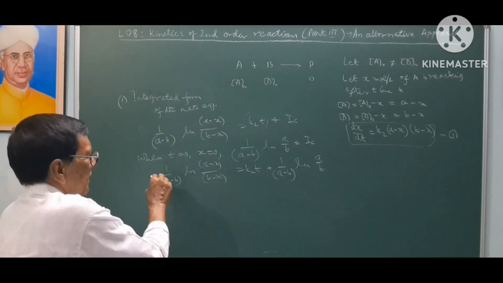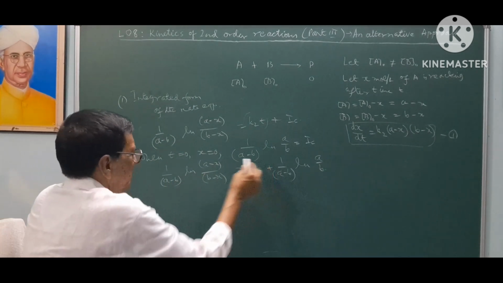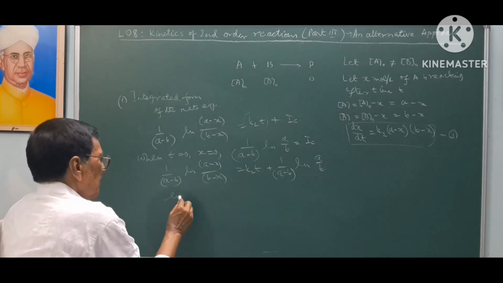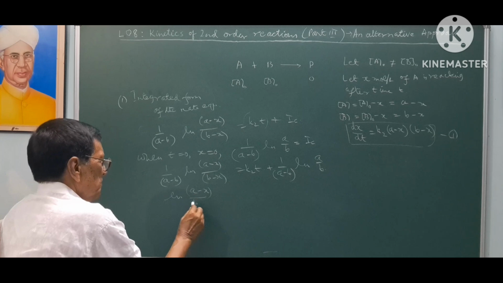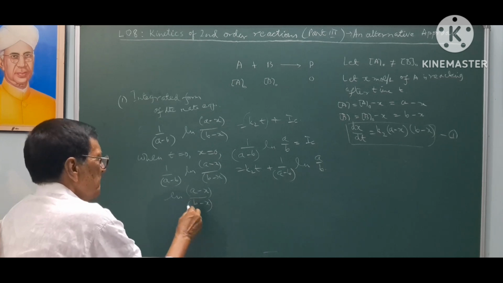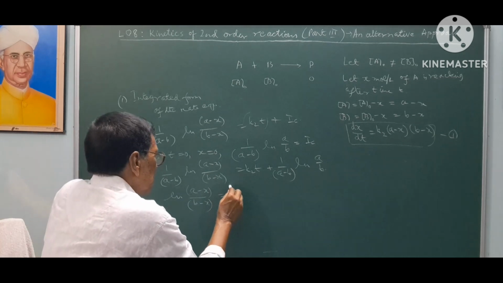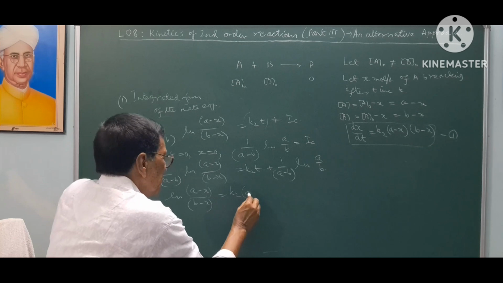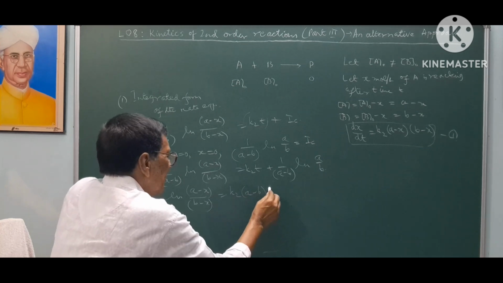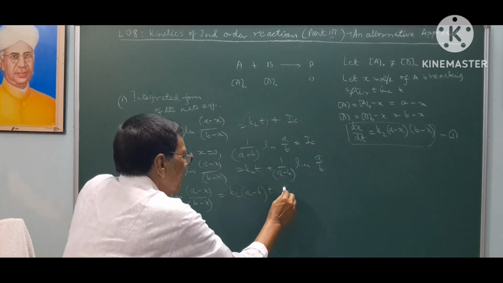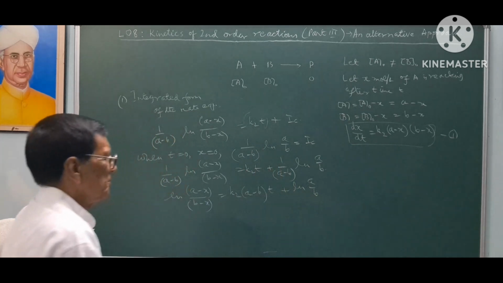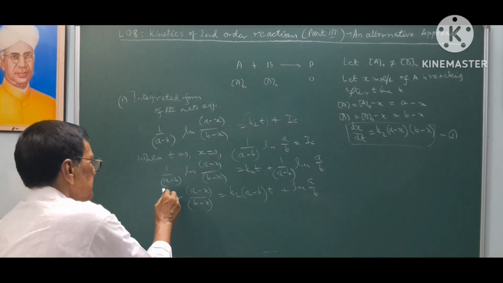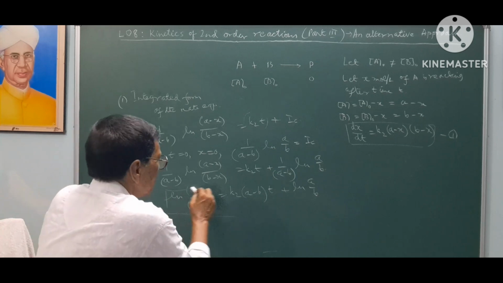So by multiplying by a minus b, we have ln (a minus x) divided by (b minus x) equals k2 into (a minus b) and t, plus ln a by b. So this is one of the integrated forms.